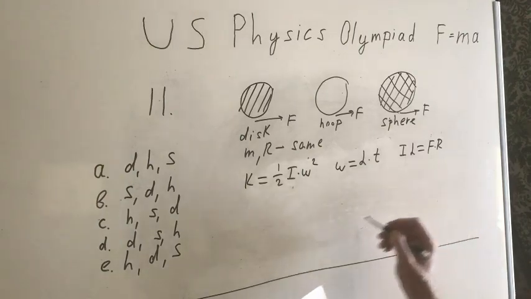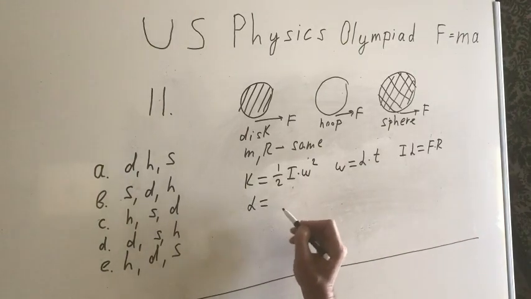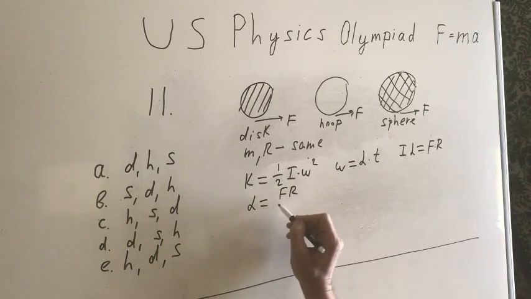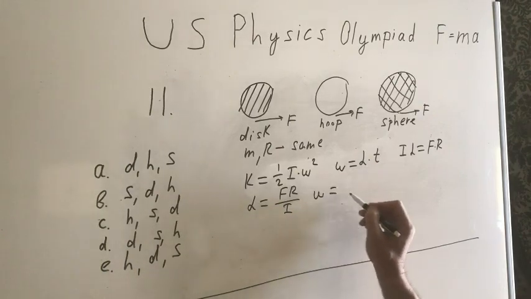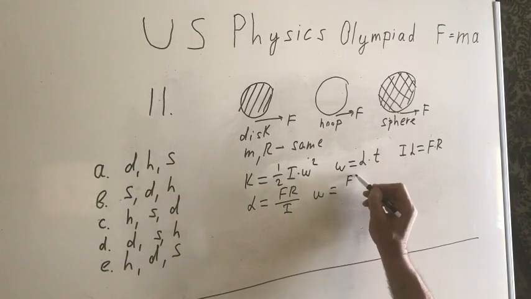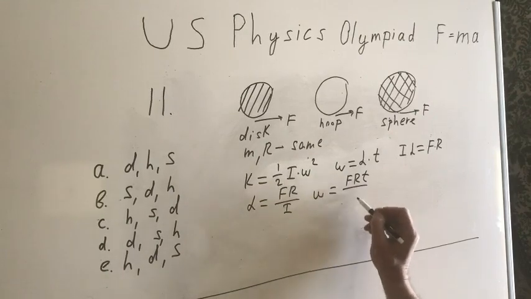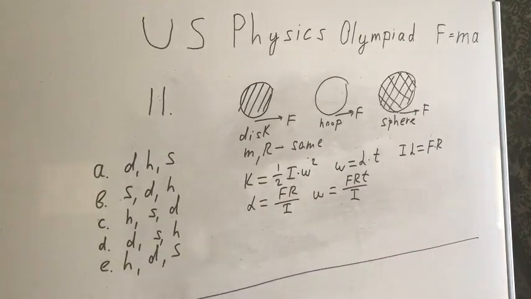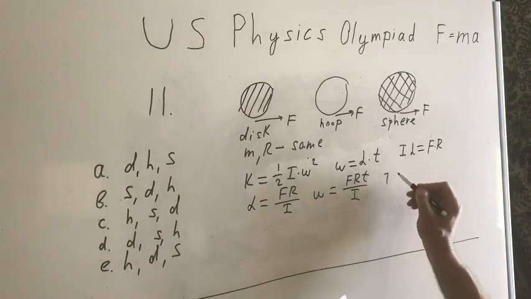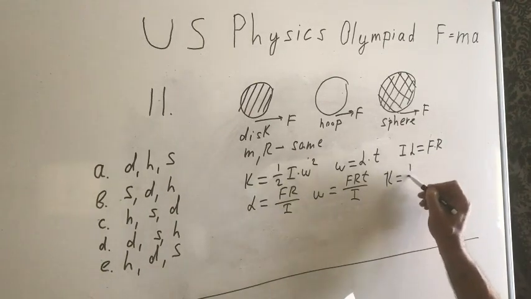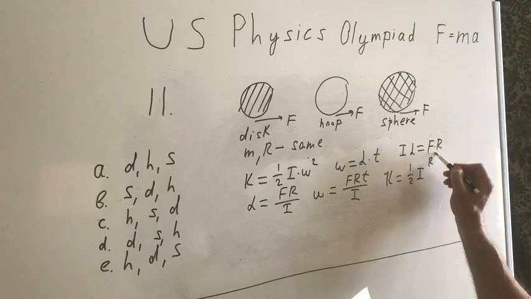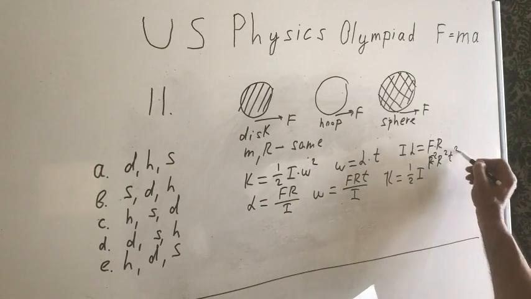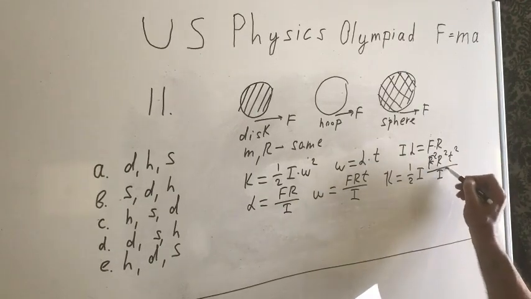So it means that alpha equal Fr over I, omega equal Frt over I, and finally kinetic energy equal 1/2 I times F square r square t square over I square.